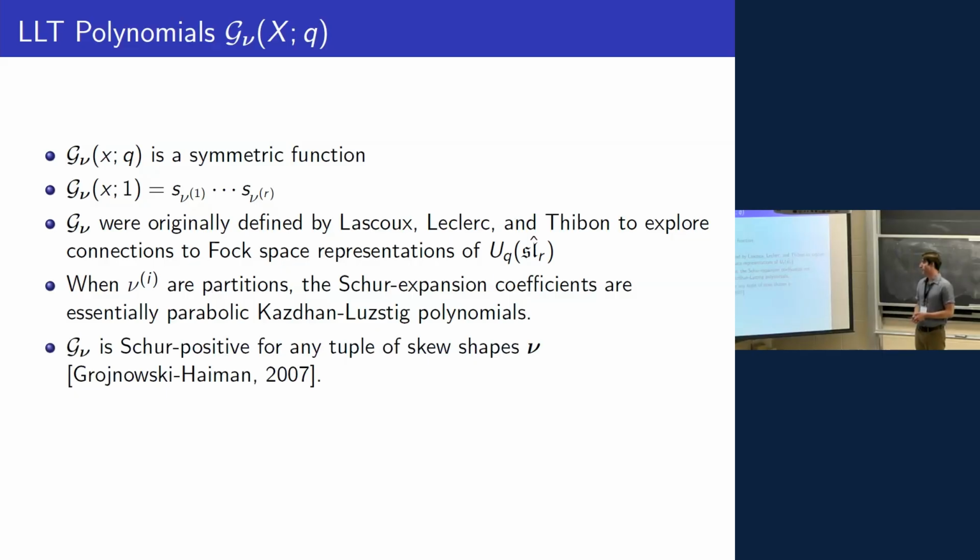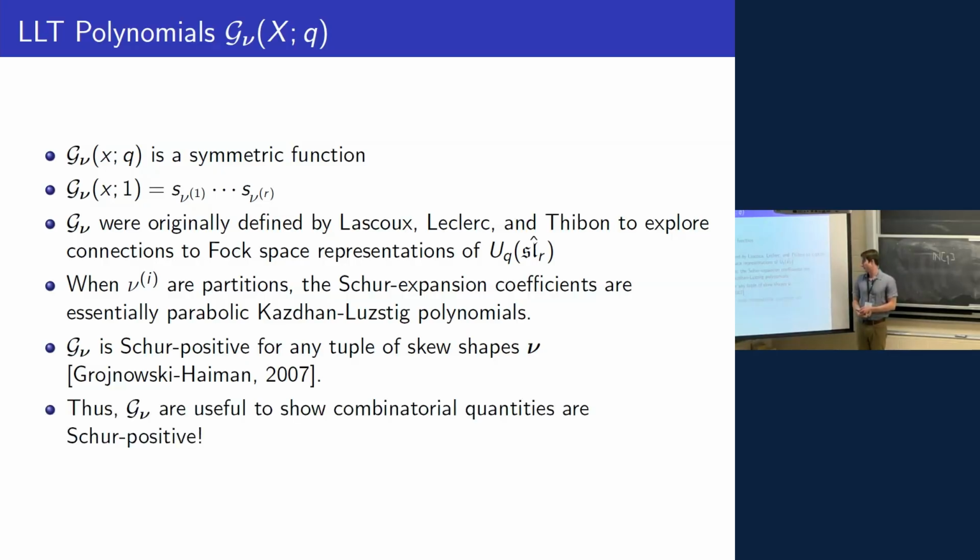But more importantly, for any tuple of skew shapes, if I expand them in terms of Schur polynomials, those coefficients are positive, and by positive I mean that each coefficient is a polynomial in q with non-negative integer coefficients. So if I can write something in terms of LLT polynomials, then I know it's Schur positive.